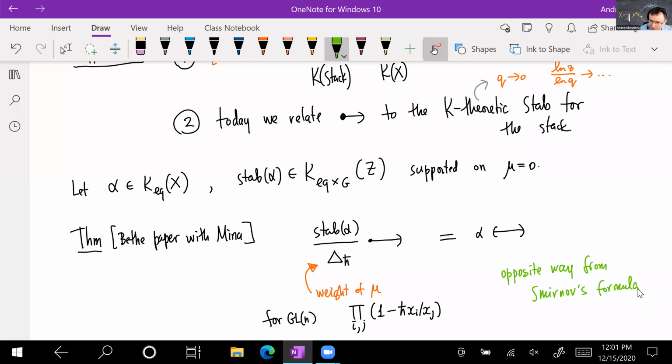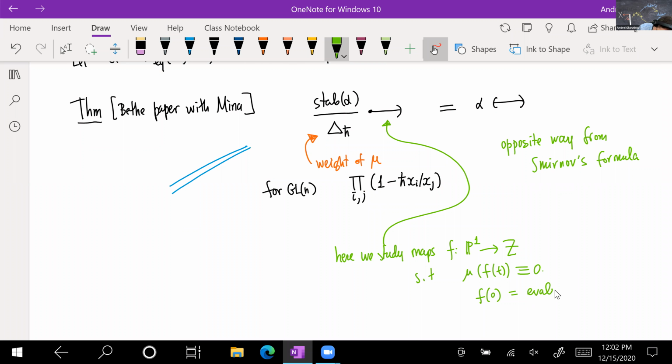But now we put a class at f of 0, that's the evaluation. And for the evaluation, we already put a class that satisfies the moment map equation, so there's really no need to put other constraints.